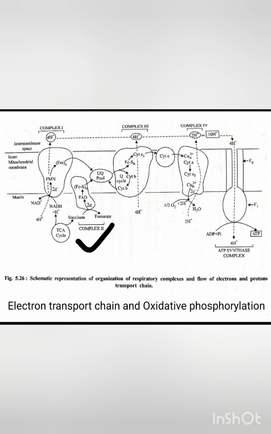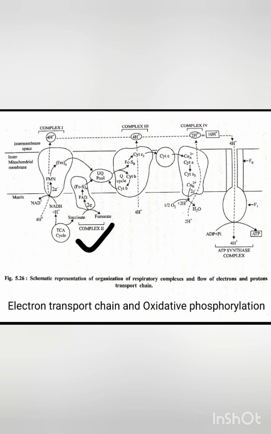Then complex 3, which is CoQ-cytochrome c oxidoreductase, contains cytochrome b and cytochrome c1, and some FeS proteins. Electrons also transfer from that complex, and in that process also 4 protons are transferred from the matrix to the intermembrane space. Then complex 4, where cytochrome a and a3 are present, they accept the electron.